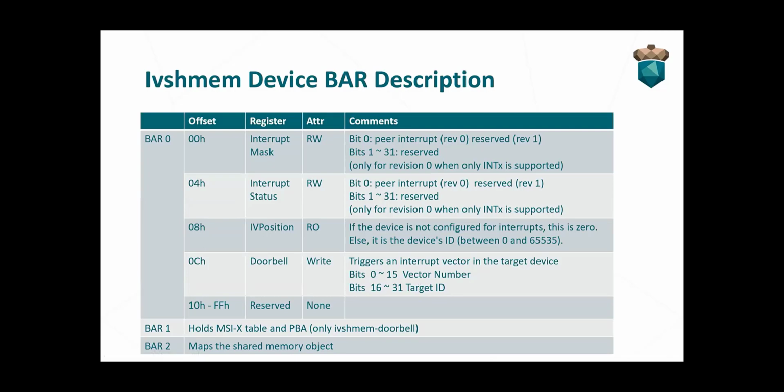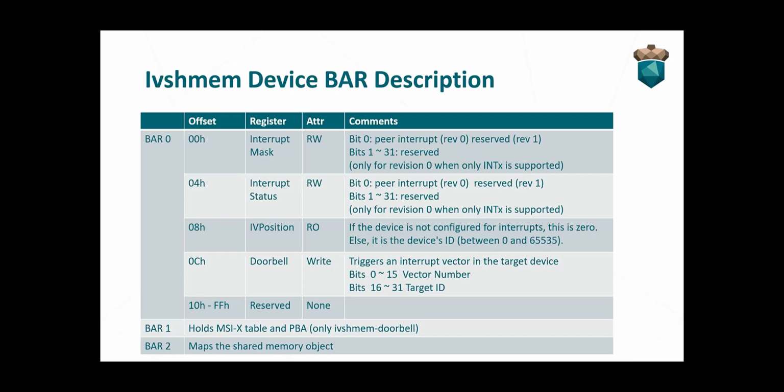For example, if VM1 needs to trigger an interrupt to VM2, you can specify bits 16 to 31 as 2, and currently 8 vectors are supported by one virtual device.